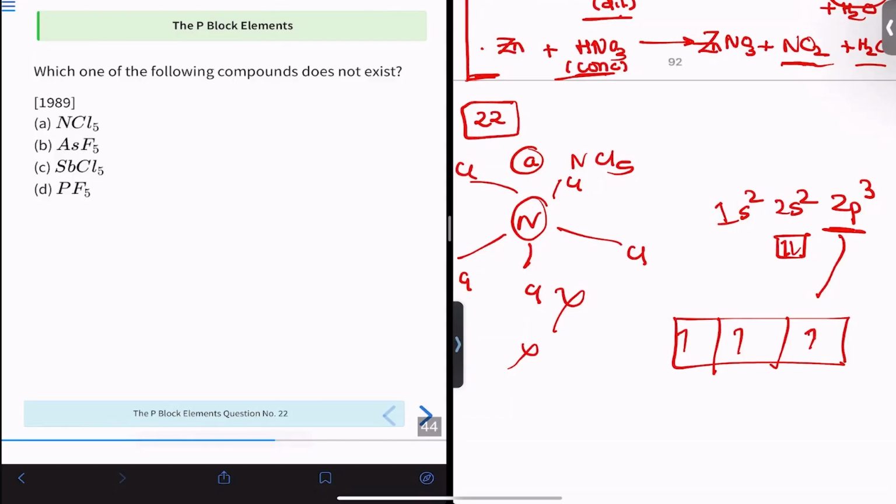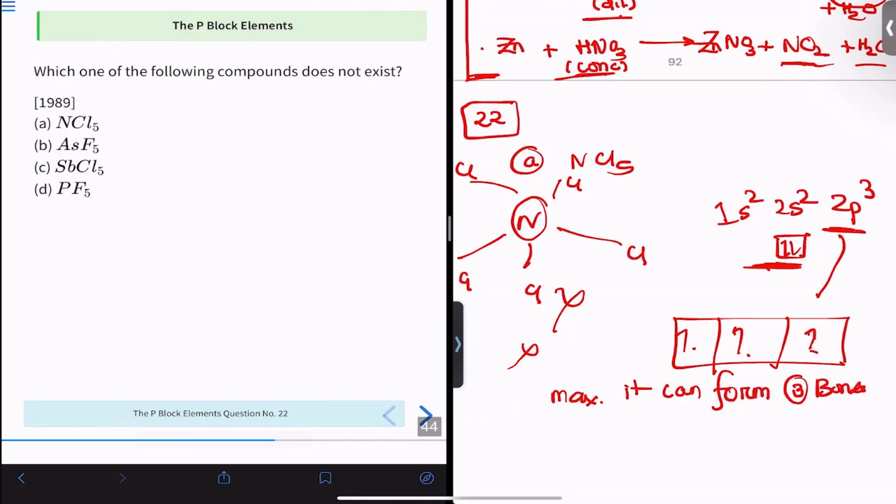So it cannot make 5 bonds. It can only make 3 bonds because the s orbital electrons are completely filled and only these 3 electrons are free. Maximum it can form 3 bonds.